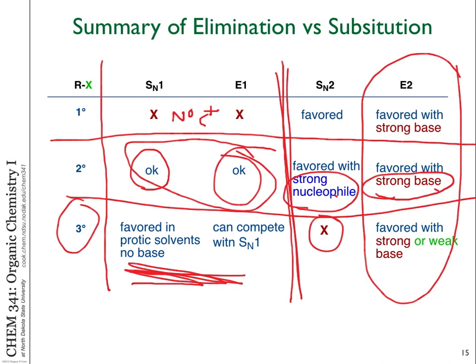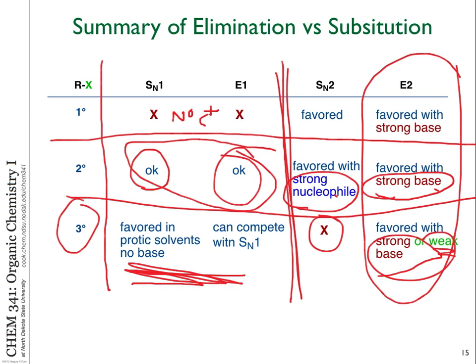So if you do have a strong base, or sometimes even weaker bases, if you have an anionic base, you can do E2 elimination on a tertiary substrate. But if there are no anions present, carbocations can be formed, and then you can get a little bit of E1 elimination, but depending on the bulk of your neutral nucleophile, it would favor substitution or elimination.